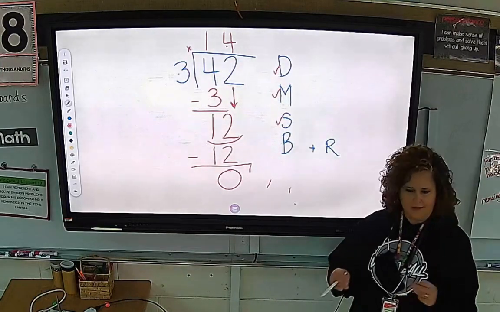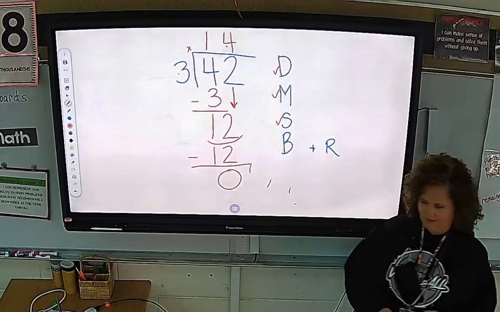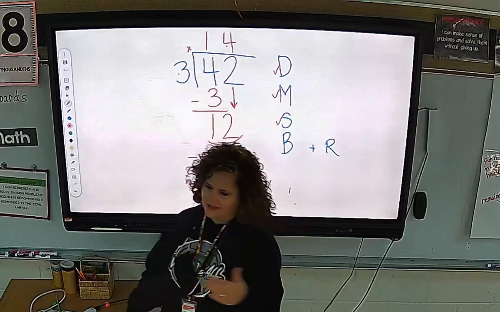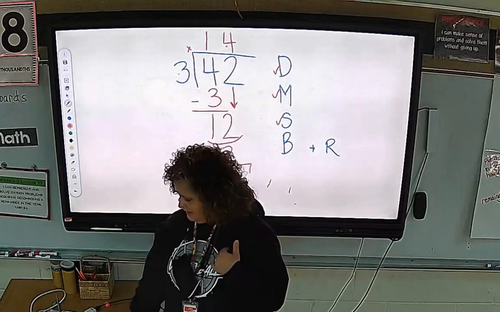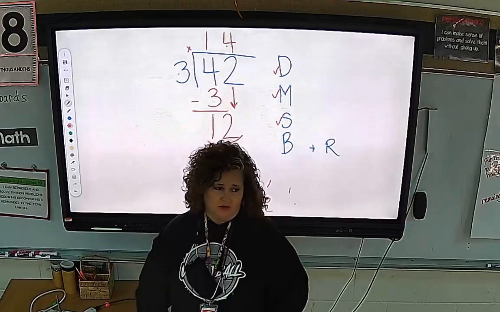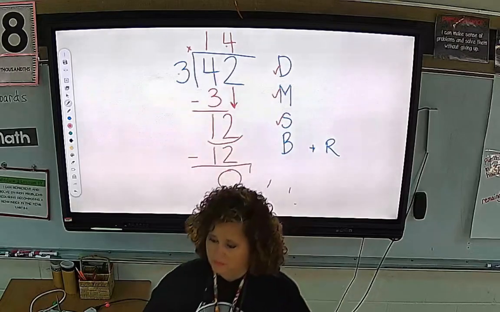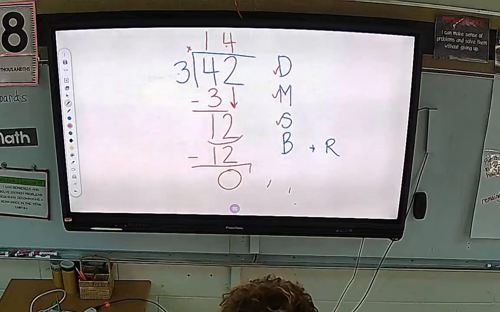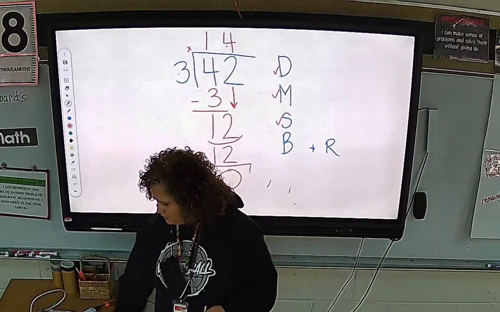We're going to keep at it. We'll start remembering them better than you think you will soon. You're already better today than you were yesterday. You might not be able to see it, but I can. Yesterday, you would maybe write the problem and then sit there going, I don't even know how to start. Today, you started. You might have gotten mixed up somewhere in the middle, but we started correctly.